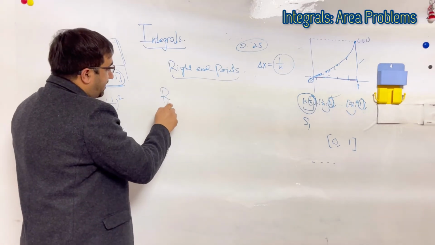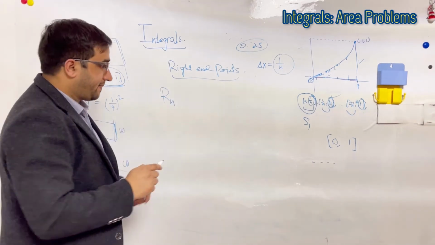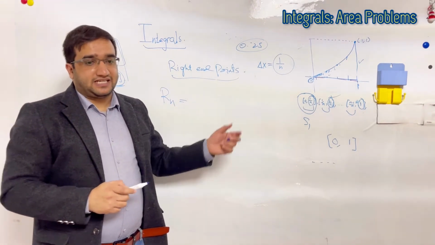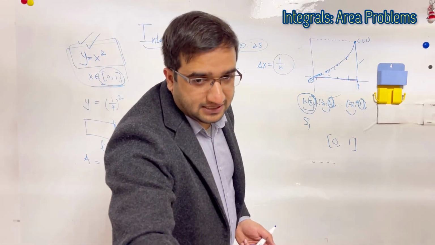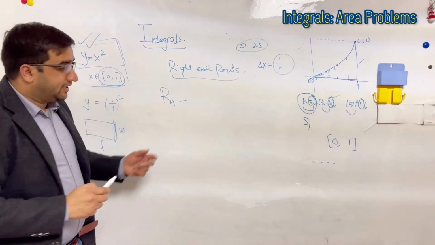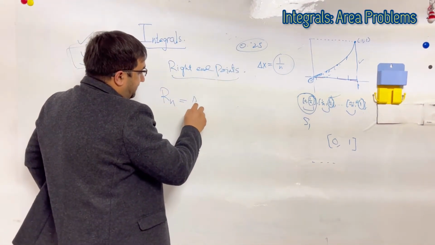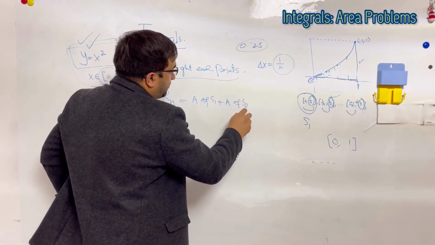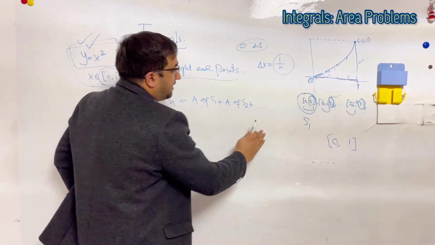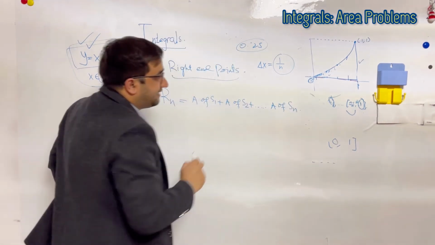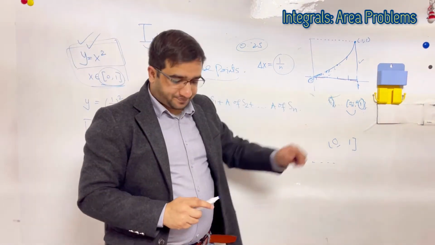Now it is n, so I am saying it is Rn. And what was R4? It was area of S1 plus area of S2 plus area of S3 plus area of S4. Now it is Rn, so it means area of S1 plus area of S2 plus so on up to area of Sn, the nth slice.